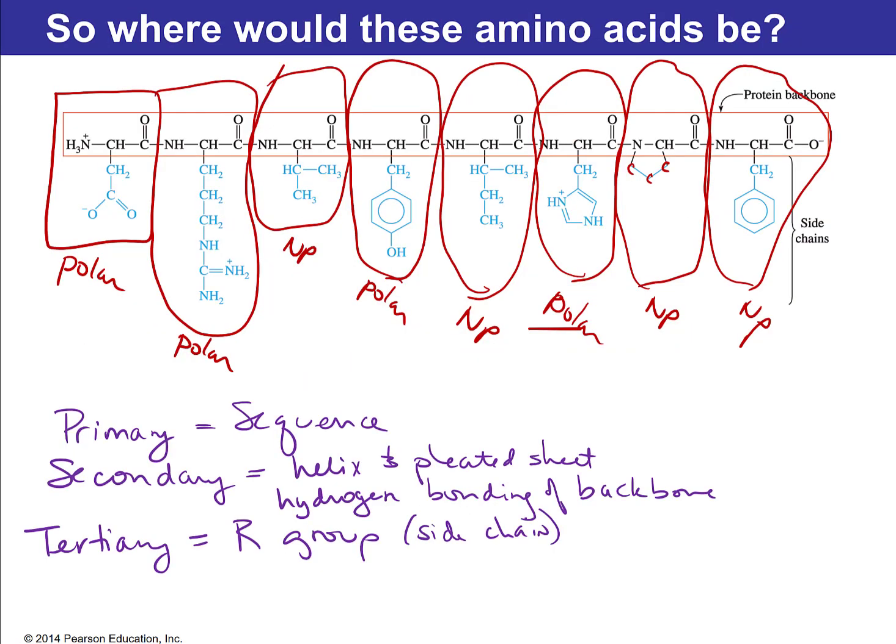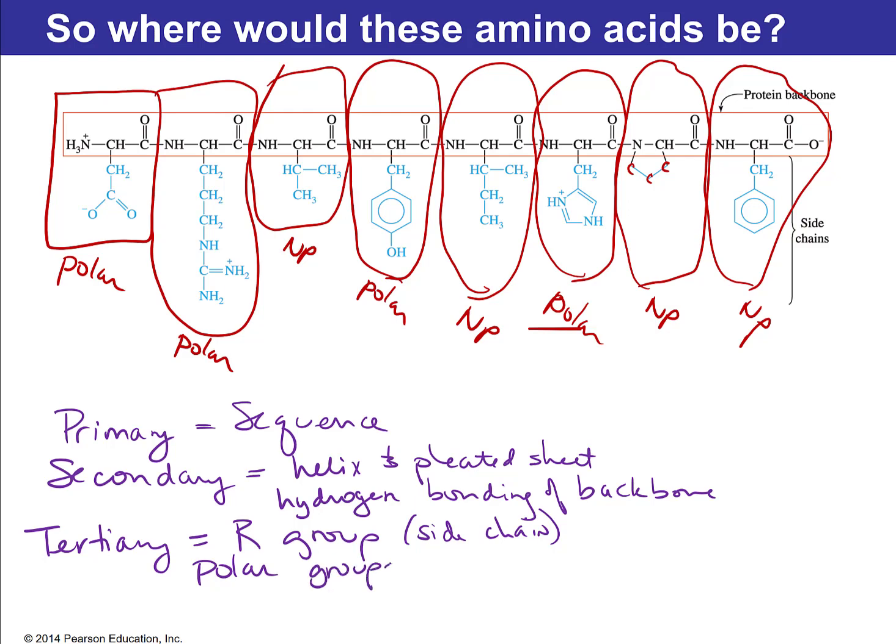So this R group, if it's polar, is going to twist the protein so that the R groups will interact with water or interact with each other, because remember, like dissolves like. So ones that are polar are going to want to interact. Those that are non-polar are not going to interact with water.